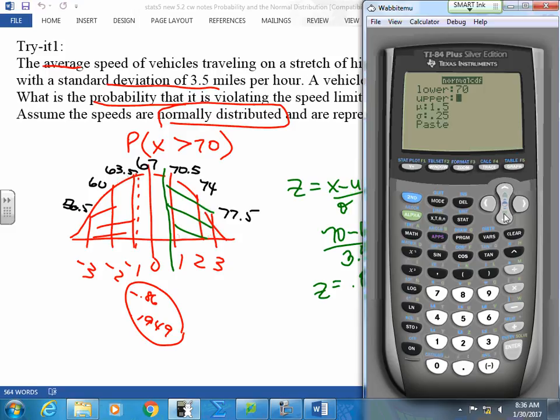I'm never going to hit this. If I had something where my mean is like 999, I might want to make my upper a lot higher. My mean is 67. You're not on a standard normal curve, and my standard deviation was 3.5.